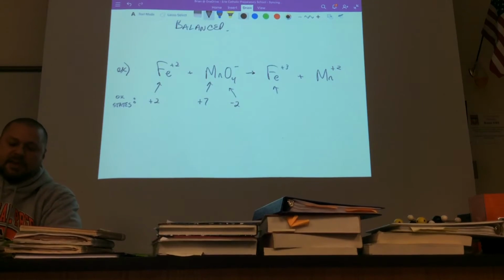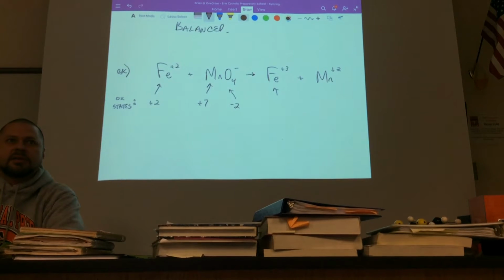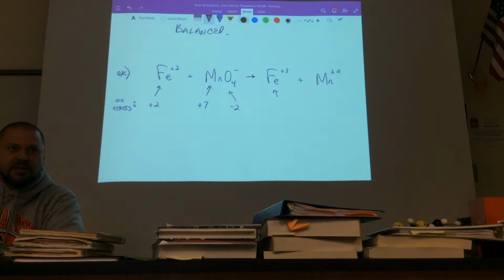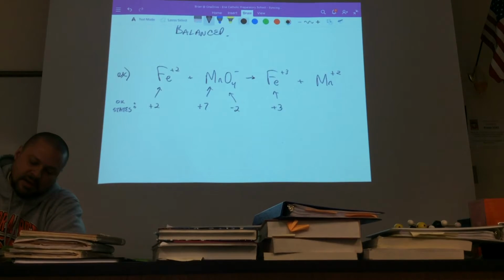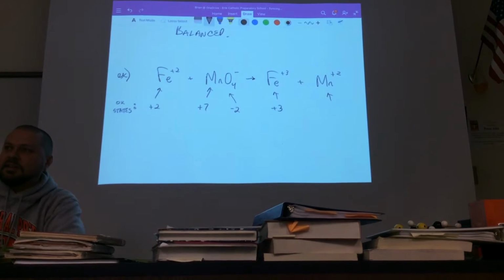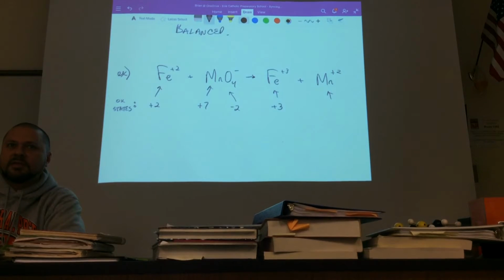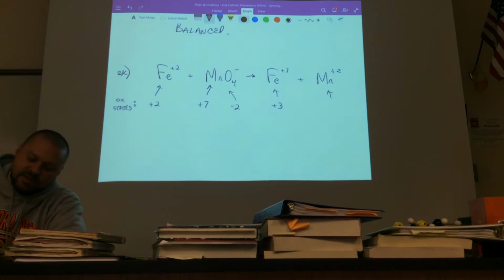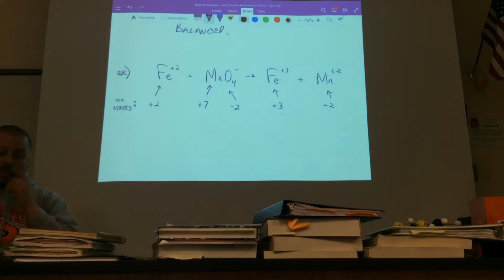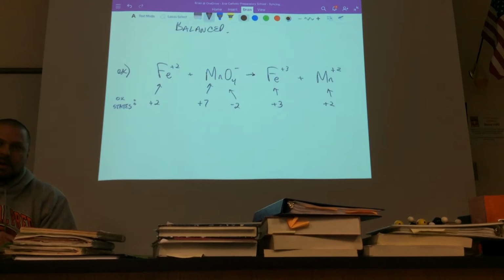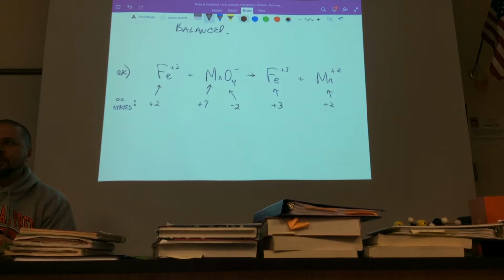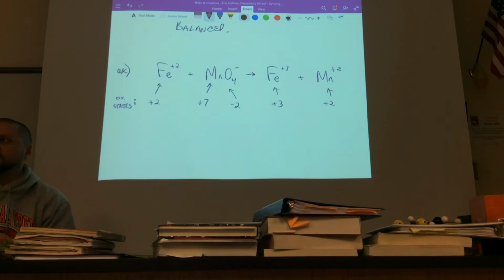What's this Fe plus 3 going to be? Plus 3. And then what's this manganese going to be here? Plus 2. Now, let's say you looked and none of the oxidation states changed.